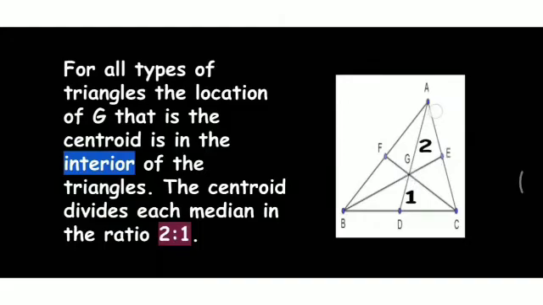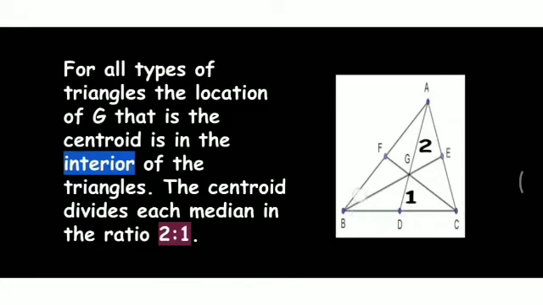The median over here is segment AD, because from vertex A it is joining the midpoint of the opposite side, that is BC. So point D is the midpoint of segment BC. This point is dividing the median into 2:1. So AG will be two parts and GD will be one part. So it is dividing the median into 2:1 ratio.